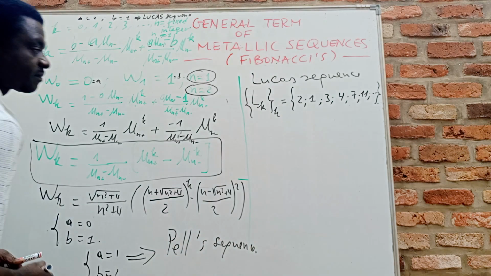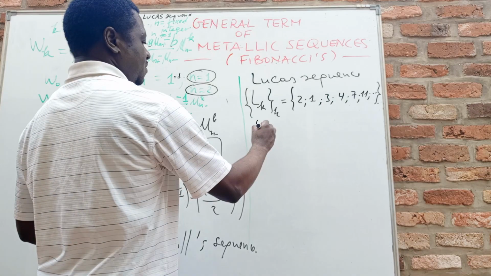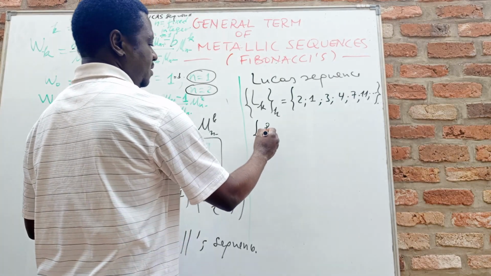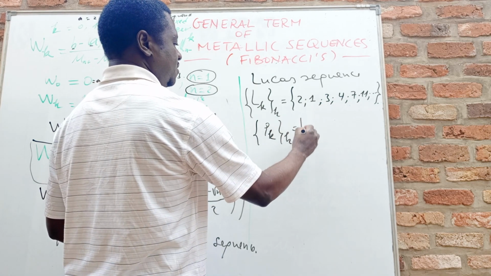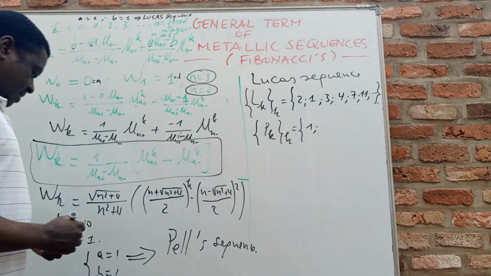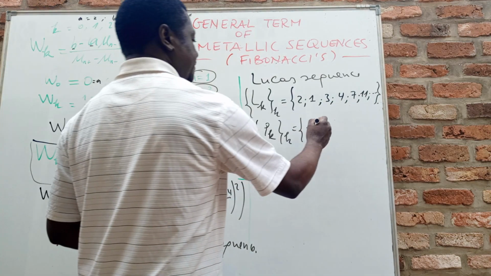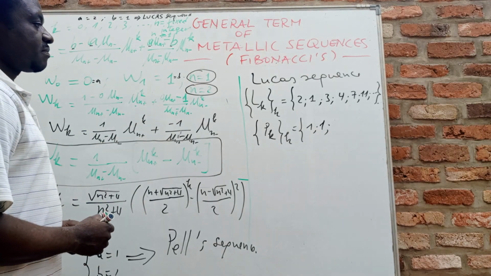Let us call it PK. So with the initial condition a equal to 1 and b equal to 1. So remember n equal to 2.